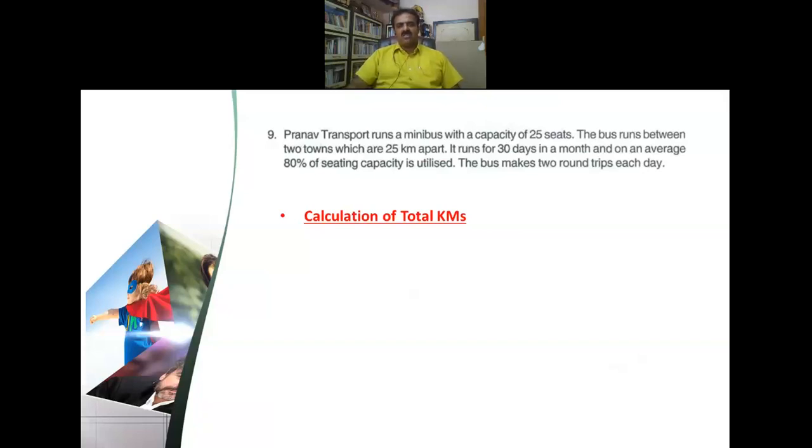And it runs on all the 30 days in a month. So the number of days travelled is 30 days, and the seating capacity is 80%. While calculating the total kilometers, we need to take only the information pertaining to kilometers, excluding passengers. So first, take the total number of days: 30 days.